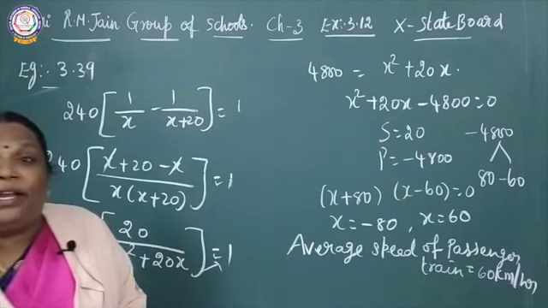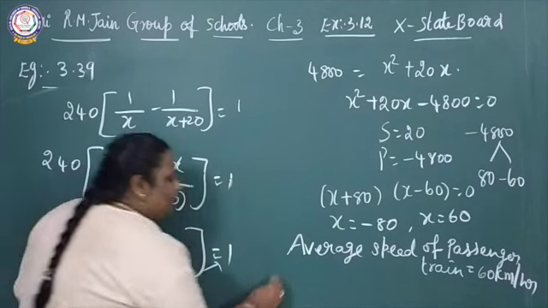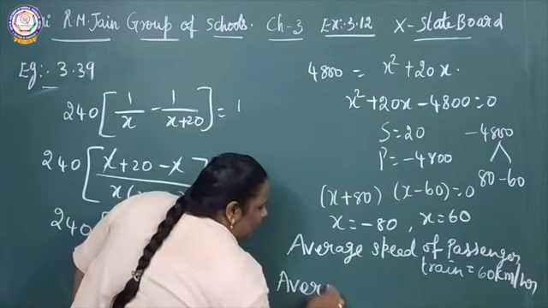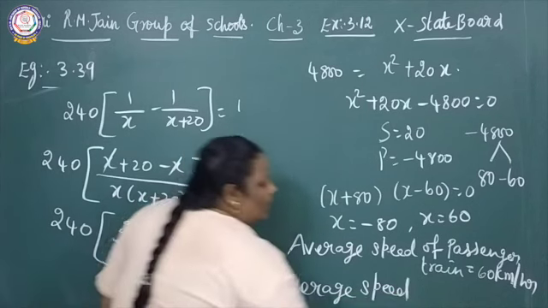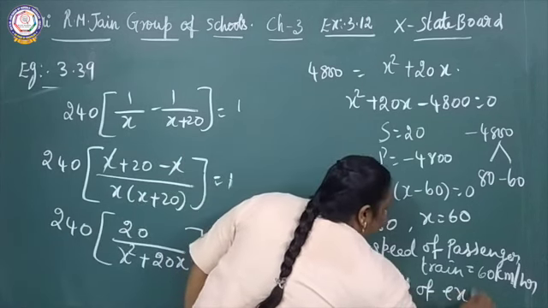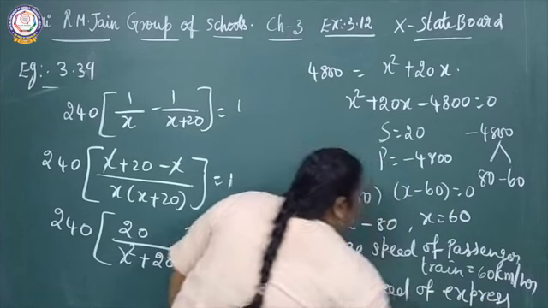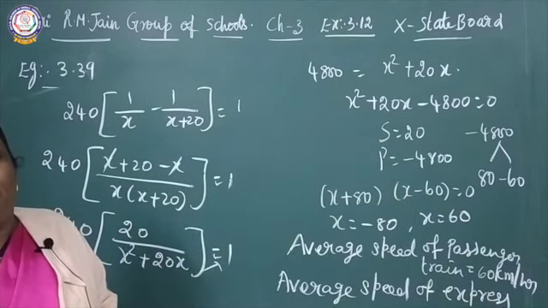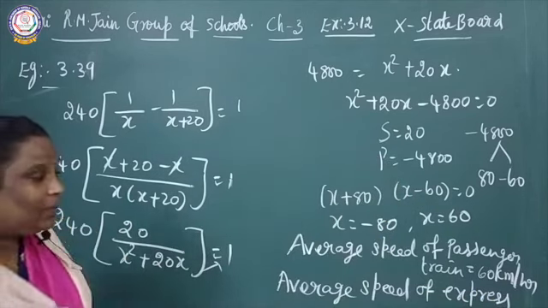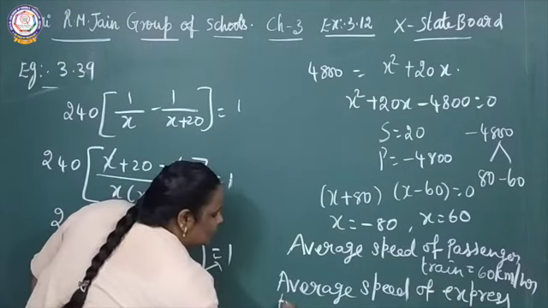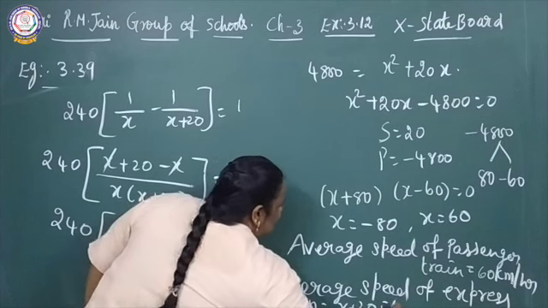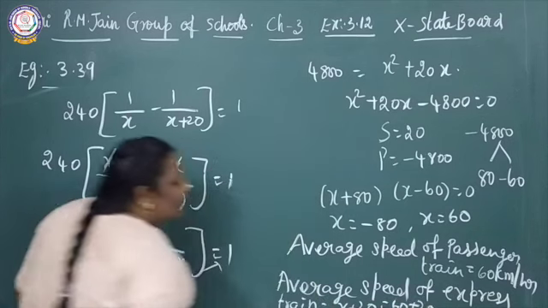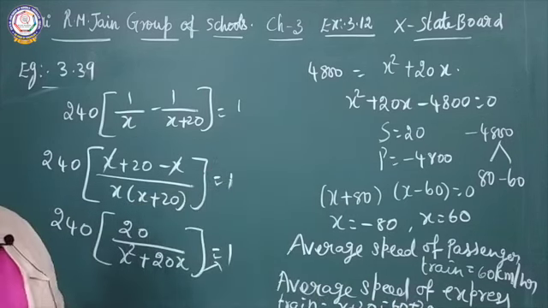Then the average speed of the express train: speed of express train equal to x plus 20, that is 60 plus 20.